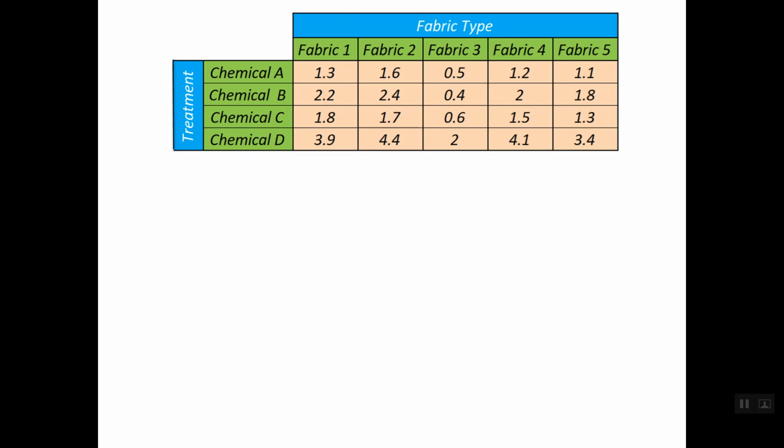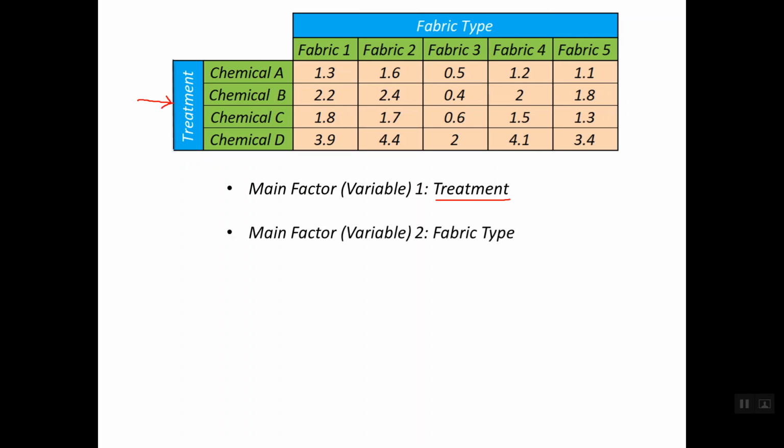So these are the data we have. First of all, regarding the first main factor or first variable, it is the treatment. So this is the first factor. It is the treatment. And the second factor or variable, it is the fabric type.